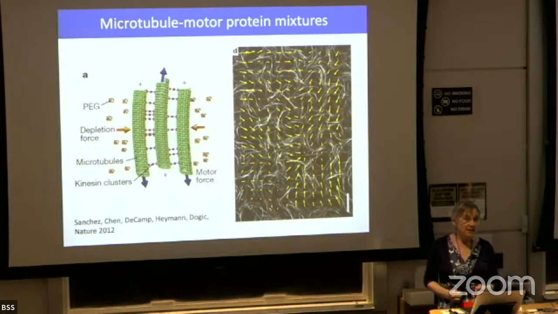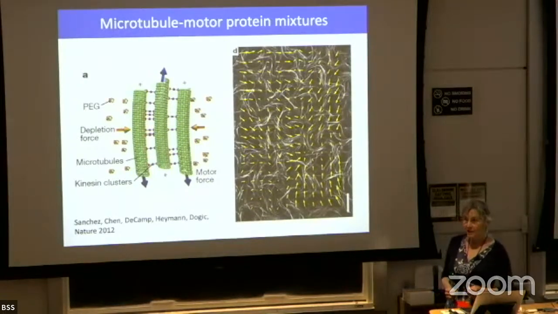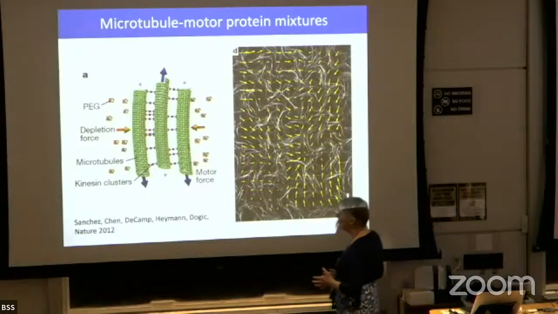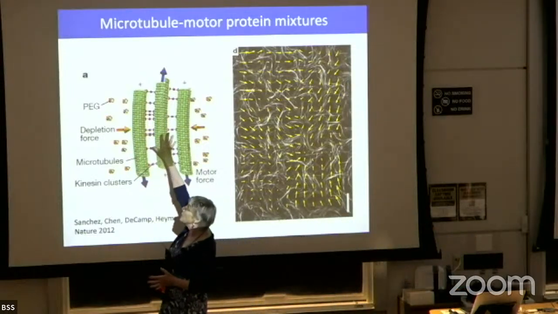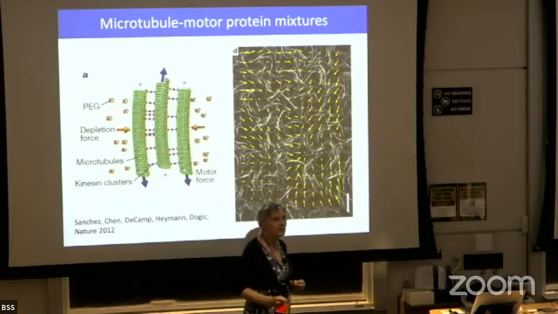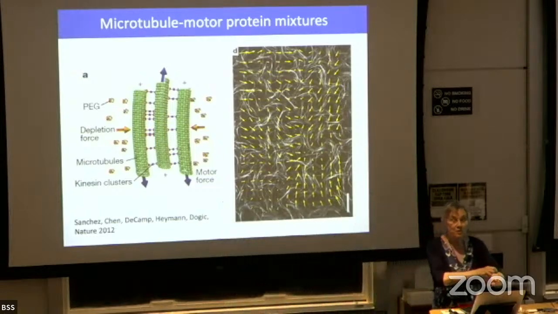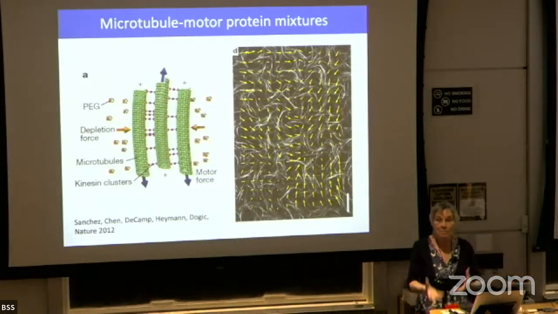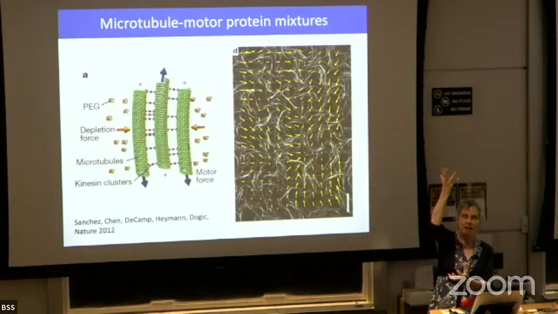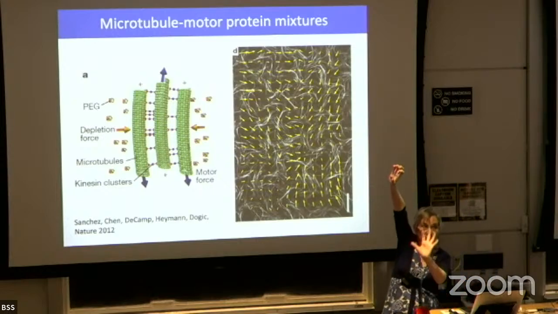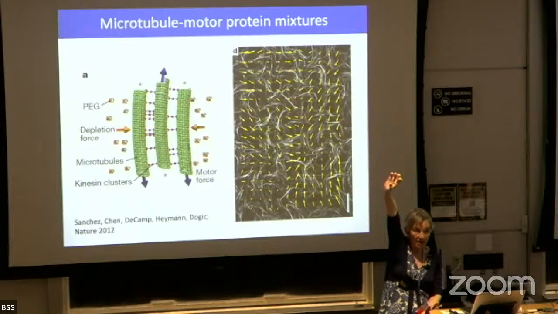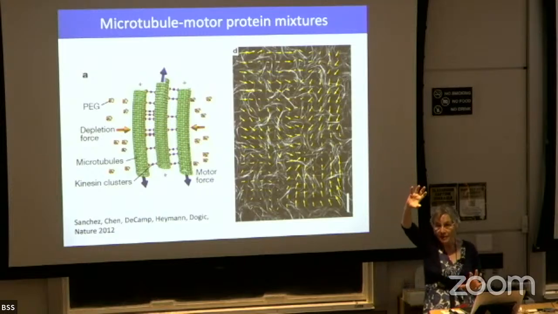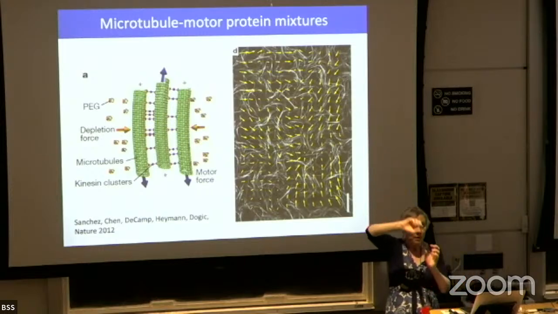Now, what you have to do to get these things to actually do anything is make them dense enough. So you add PEG, which is a depleting agent, which pushes them together. So you've got a nice dense load of microtubules. And then what happens is that the microtubules, the ones moving up, sort of tend to end up here. The ones moving down end up here. And you end up with polarity sorted bundles which tend to move in the same direction.